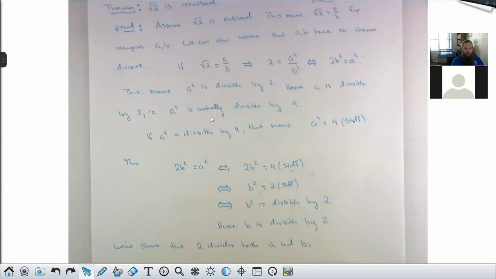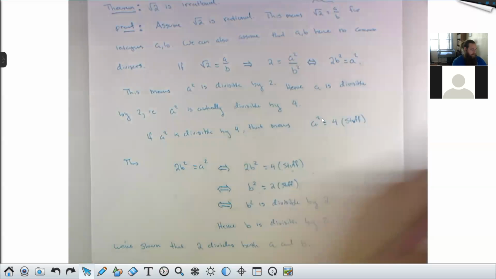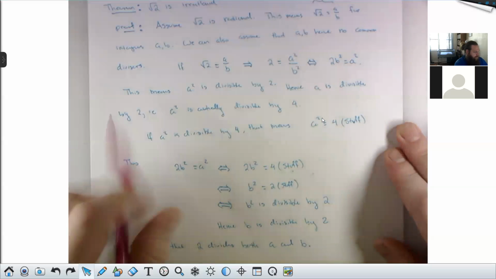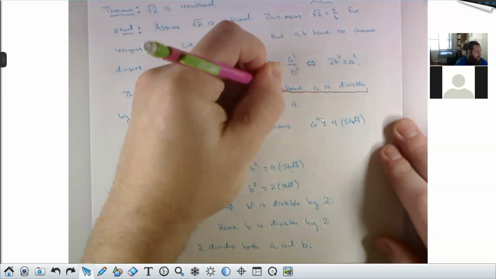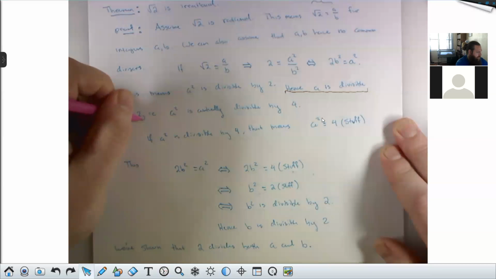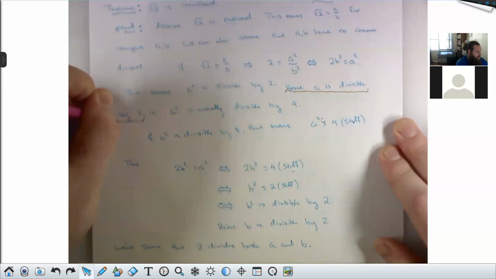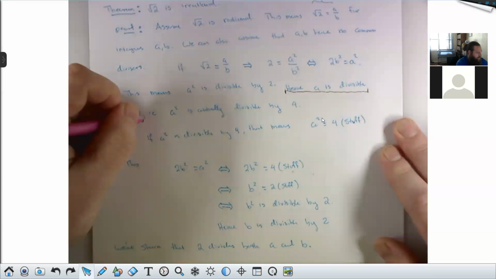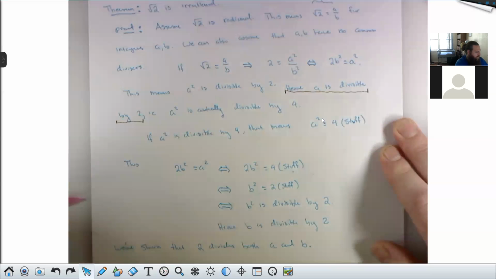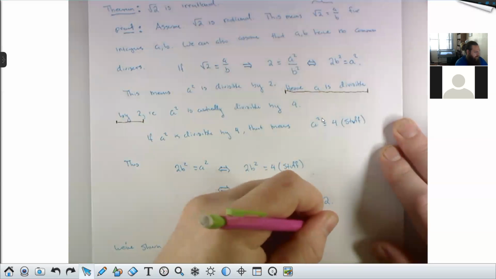All right, so if a squared is divisible by 4, this means a, in particular, is divisible by 2. Right here, I even wrote it here. a is divisible by 2. And down here, we've shown that b is divisible by 2.